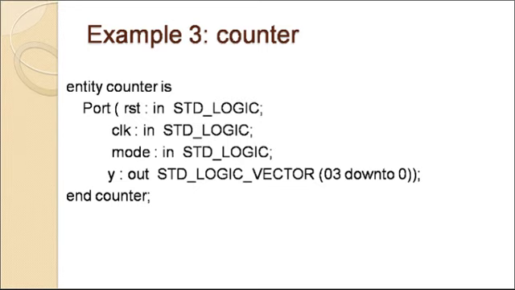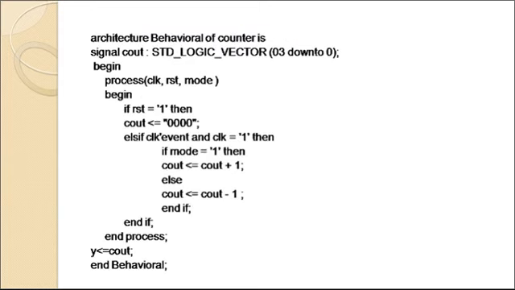Here also you can do the same thing, reset comma clock comma mode in std logic. Like that you can write, or you can write separately also. And Y colon out std logic vector 3 down to 0. This Y is of 4-bit, hence I have written std logic vector 3 down to 0. Now the working is shown in the next slide.